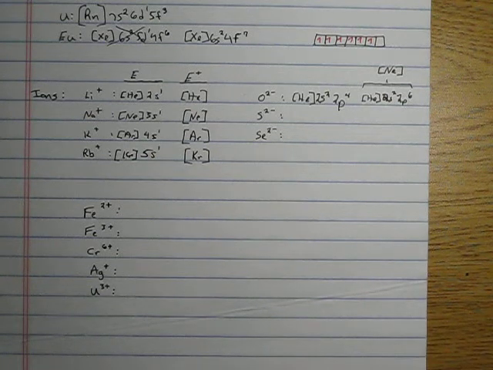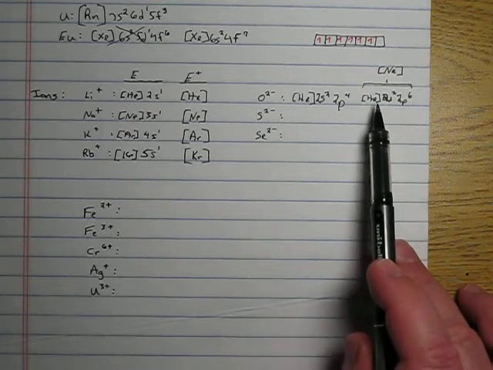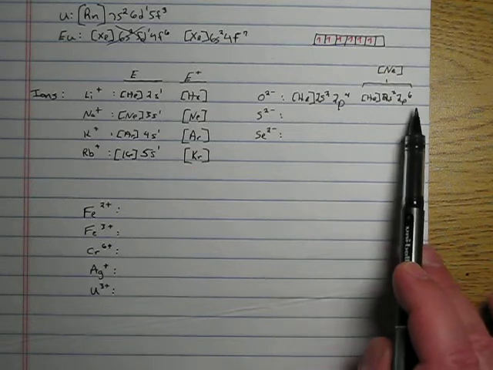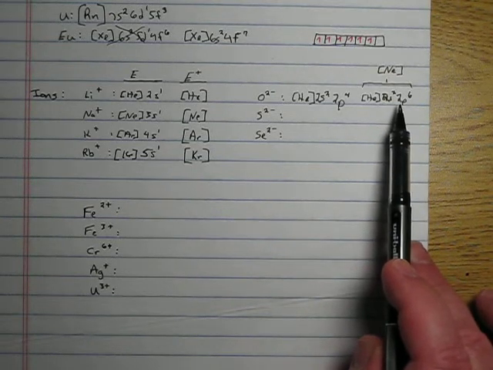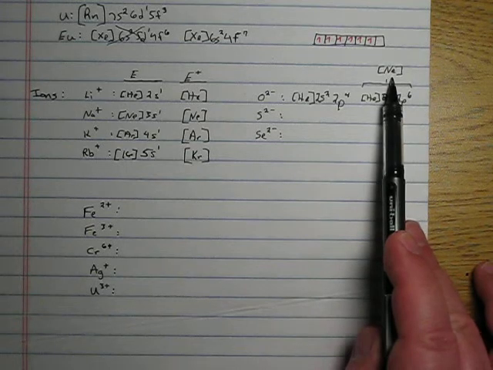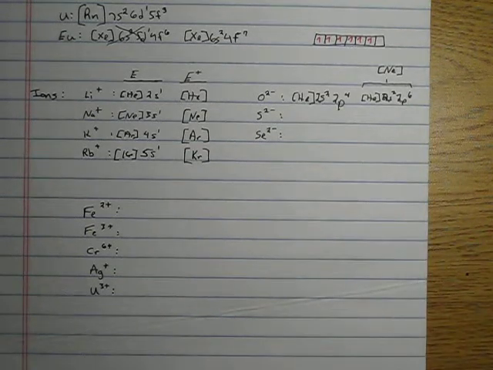It can do some chemistry with those. So I prefer to write this as helium core 2s2 2p6 to indicate I know there are still 8 valence electrons for that O2-. Whereas if you wrote it as neon core, that might lend you to think, oh, I can't do anything. Once oxygen becomes 2-, you can't do anything with it because it's just like a noble gas. When in reality, you can.